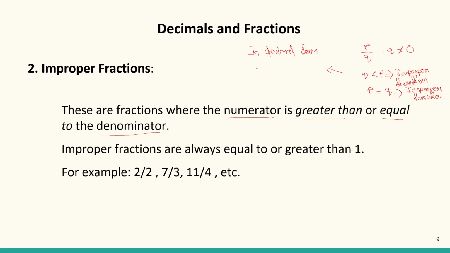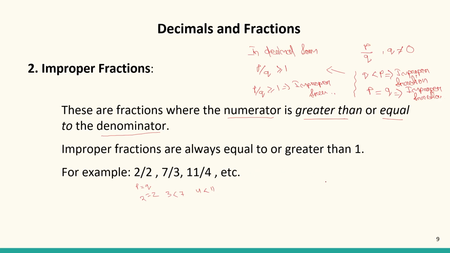While writing this in decimal form, we can see that p by q is greater than or equal to 1. These two cases imply this. So we can easily say that if in decimal form p by q is greater than or equal to 1, this is an improper fraction. There are several examples like 2 by 2, where p is equal to q, that is 2 is equal to 2, and then 3 by 7, 4 by 11.